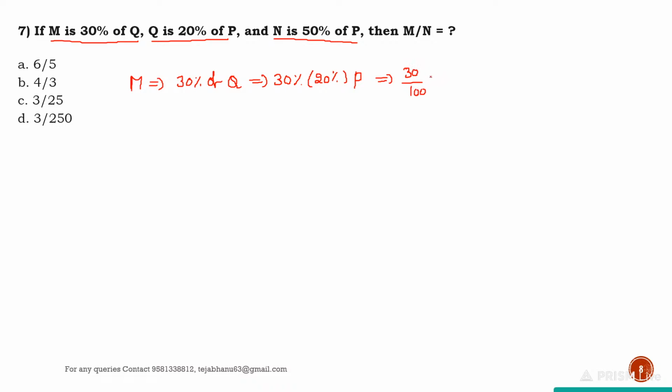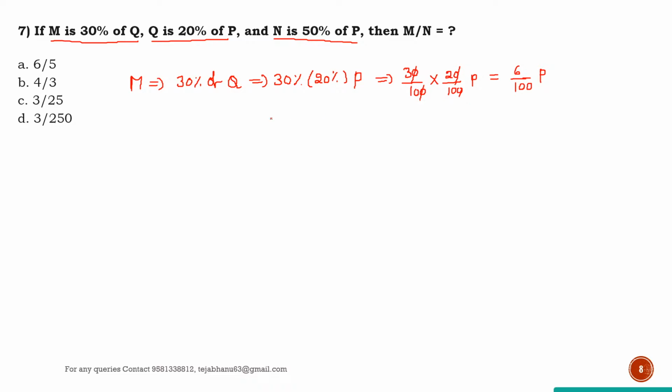Directly we can take 3 by 10, but to make you comfortable, I am writing 30 by 100 into 20 by 100 into P. This is nothing but 6 by 100 of P.